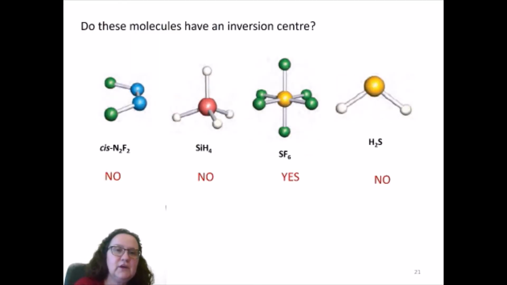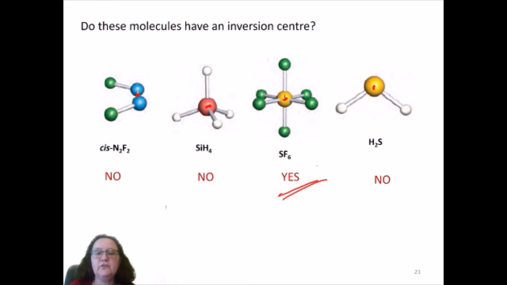So if we identify the center of the molecule in all cases, and then we think of reflection around that center, we can see that the only one that would allow us to do a reflection through that center that would give us a configuration that is identical to the original one is in the case of the sulfur hexafluoride.